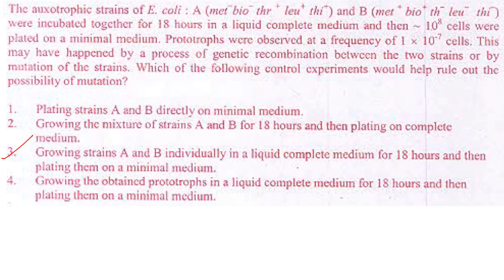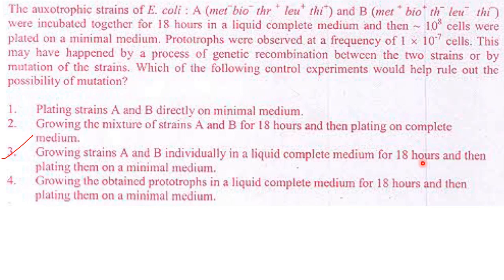Okay. Now for getting the control, you grow the strains A and B individually in liquid complete medium. That is, A is grown individually in one conical flask, and B is grown in another conical flask, and you don't allow the cells to undergo recombination. There is no conjugation between the cells because they are placed in separate conical flasks, in liquid complete medium.